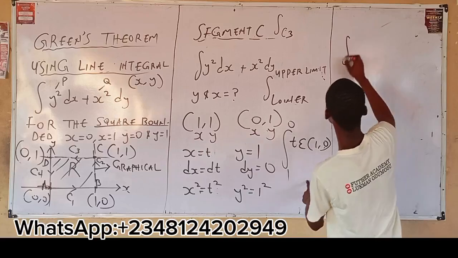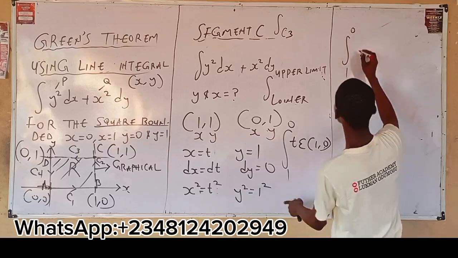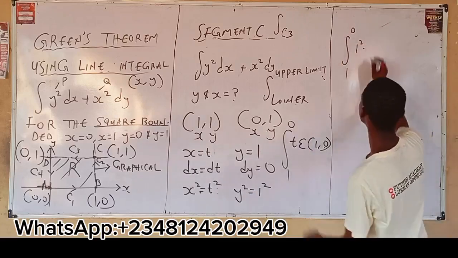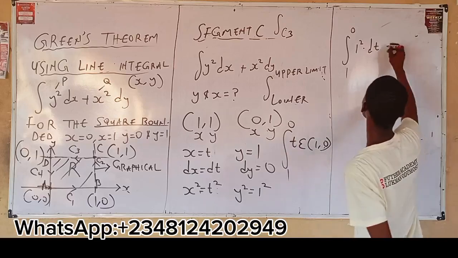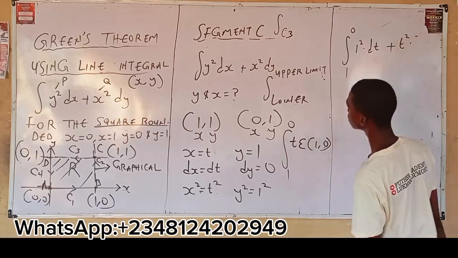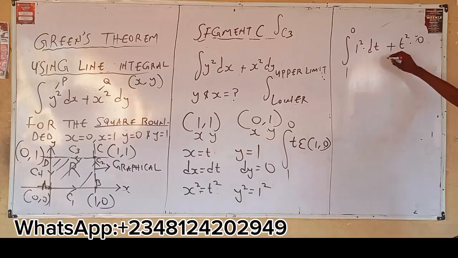So I have that my line integral, my limit comes first, 1 to 0. What's your y square? 1 square. What's your dx? dt, right? Plus what's your x square? Meaning t square. Dot what's your dy? 0. Obviously, this term here is out of it.